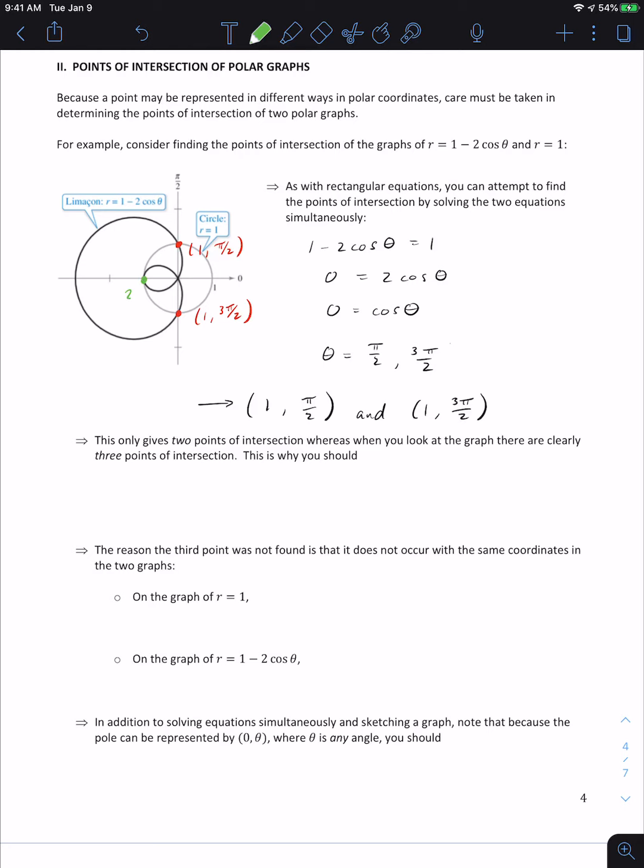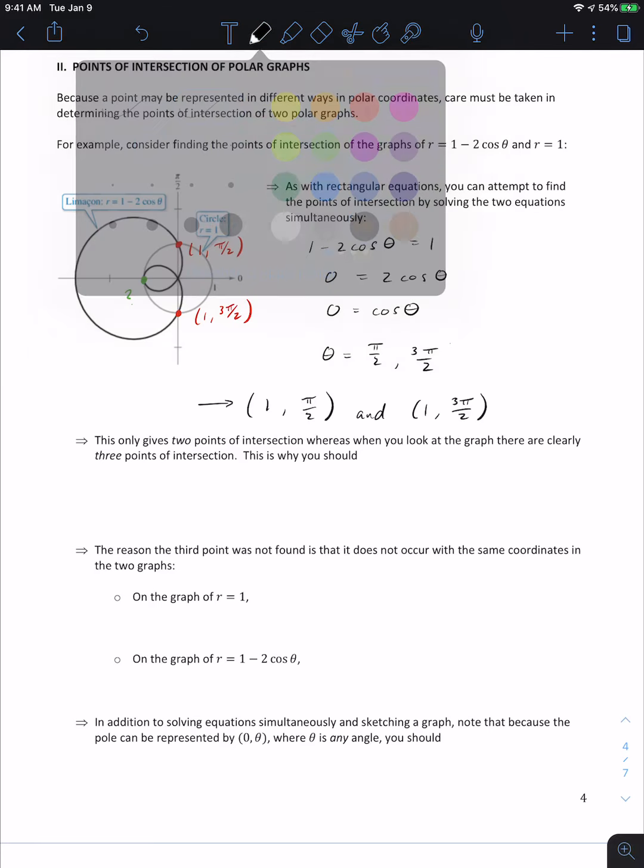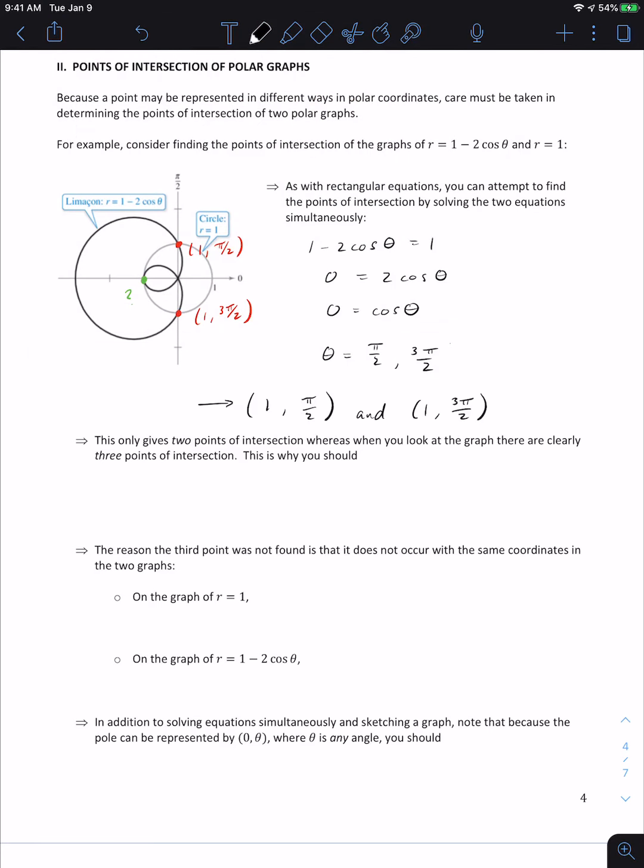So that's why, when you're trying to find the intersection, basically what this is saying is we got 2, we should have gotten 3. So what we need to do every time we are solving for points of intersection in polar graphs is to graph it.